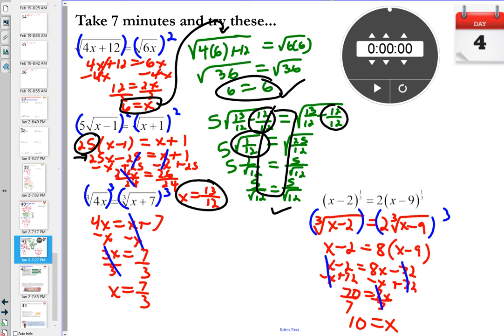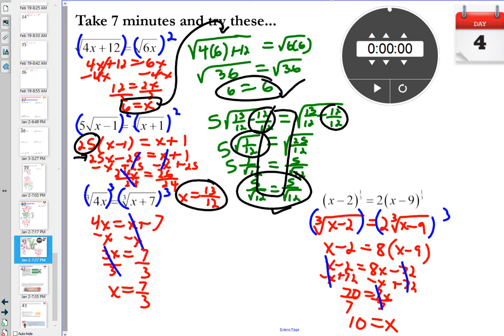I'm not really trying to get to simplest form. I just need to compare. I need to see if both sides are the same. Over on the other side, I distributed the square root. What's the square root of 25? 5. And I put that same square root in the bottom, and that was enough for me to confirm that yes, both sides are the same. I ended up with 2 equal sides. So what's my solution there? 13 over 12.